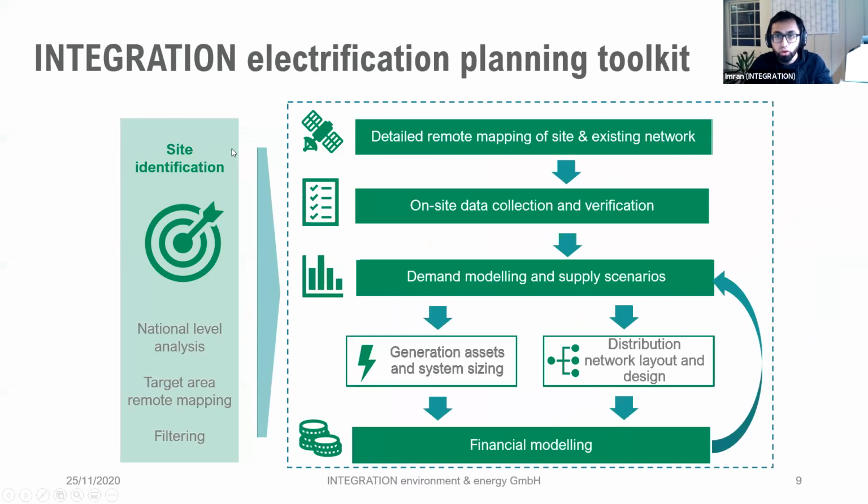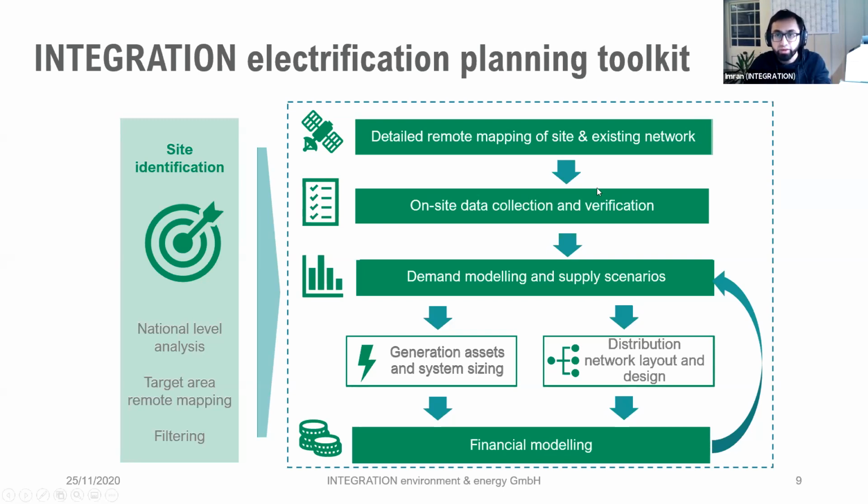Just as an overview, we have a few concrete steps. The first is identification of the site. Which is the right site? How can we tell whether we should proceed with the system or not? Then we do some remote mapping of the location. I will talk more about the tools that we are using, to be able to, before putting foot on the site, have a first idea of what the community is like, what the structure is.